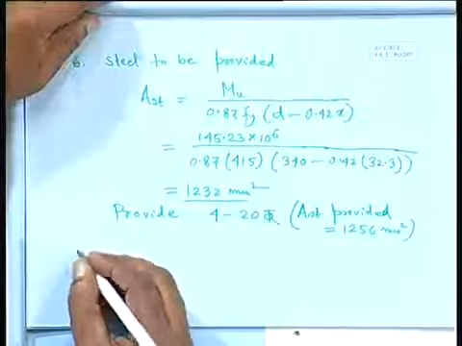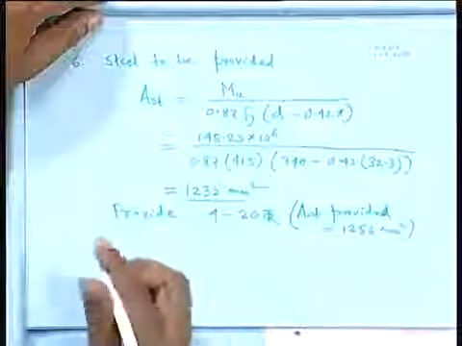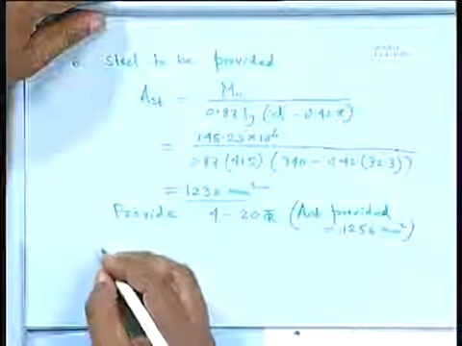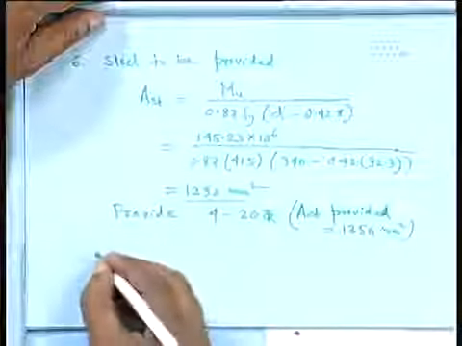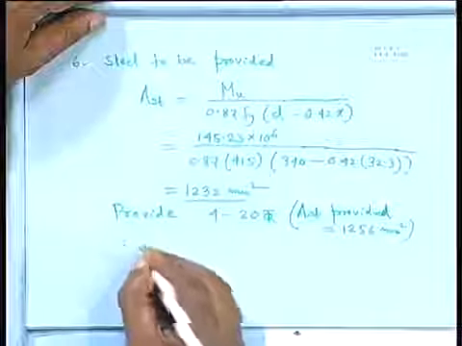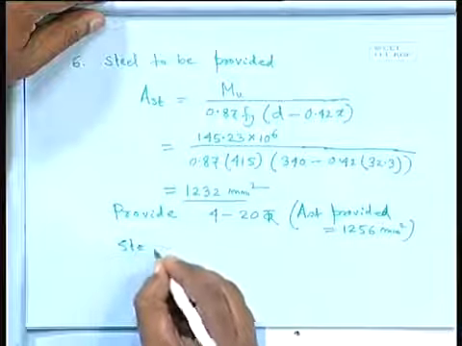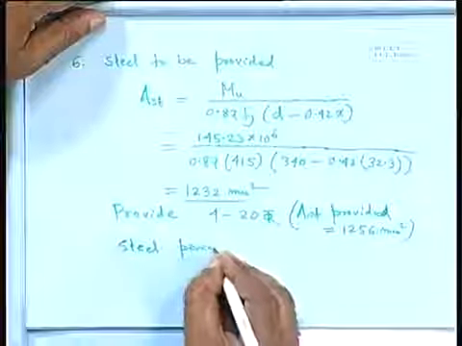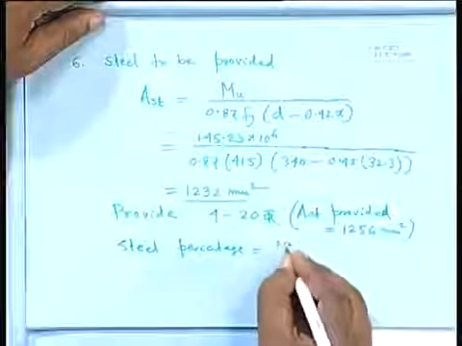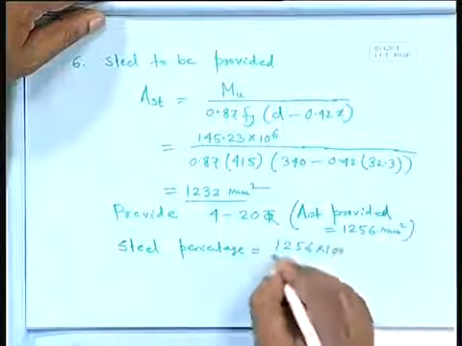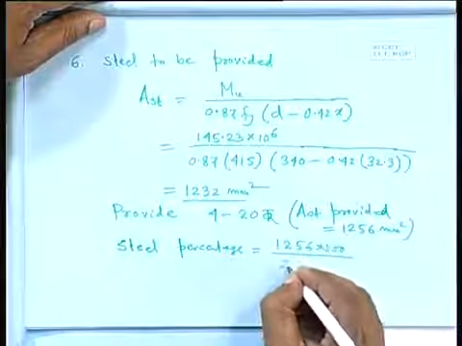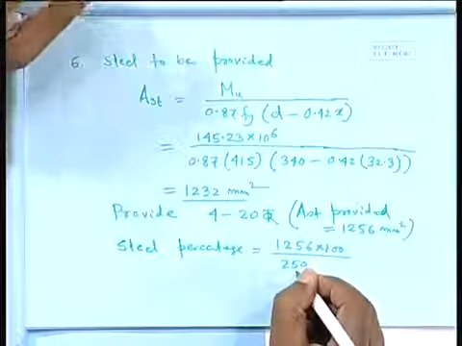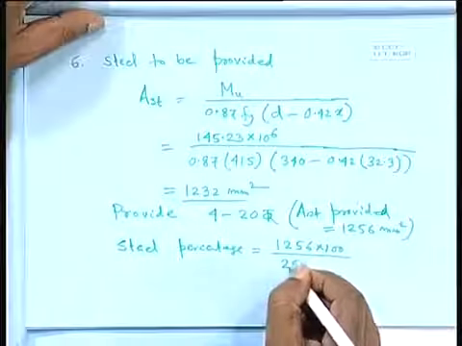What about the percentage of steel? It equals 1256 into 100 divided by, here we shall not take it on the basis of flange width, rather we shall take the width of the web.